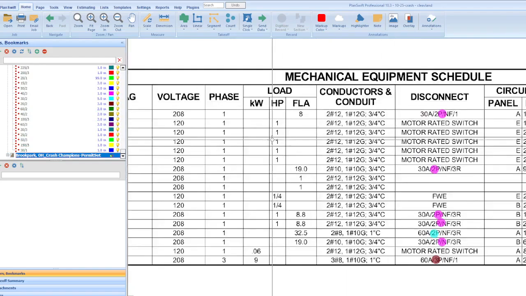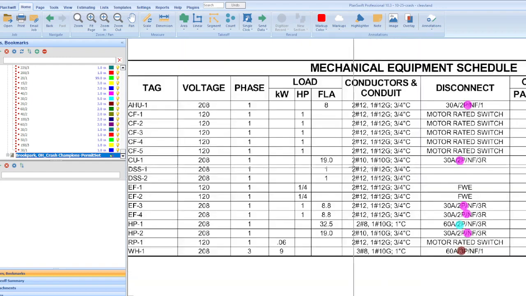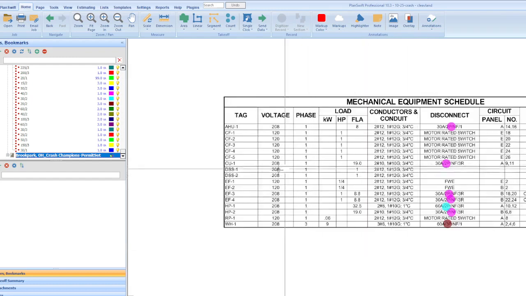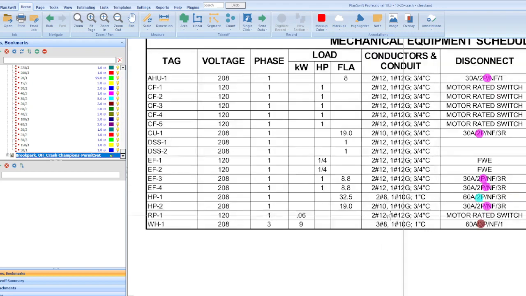Okay, so mechanical equipment, you want to make sure you know any of the home runs that are not all just number 12. You want to pull that out, make sure you know where that is and run it to the proper panel. So you'll have all of the wire configurations, number 8s, number 10s.